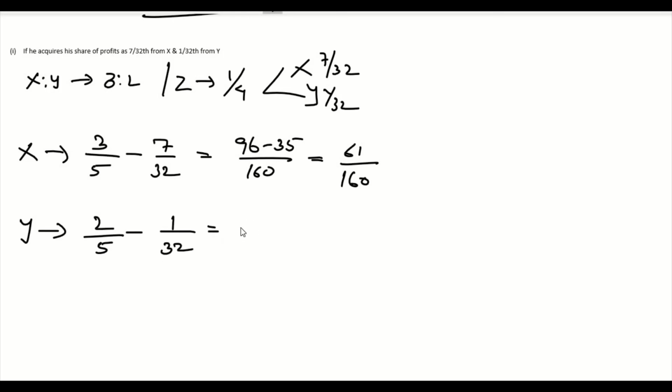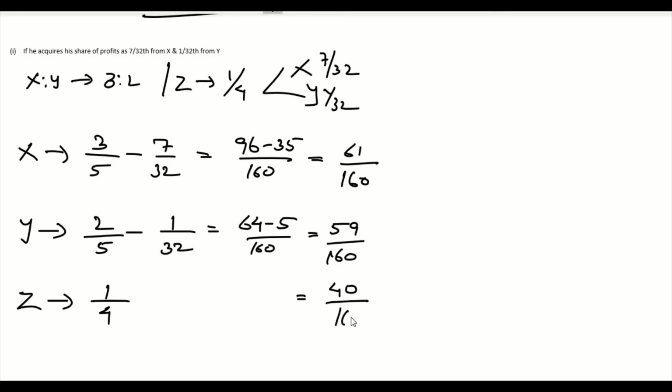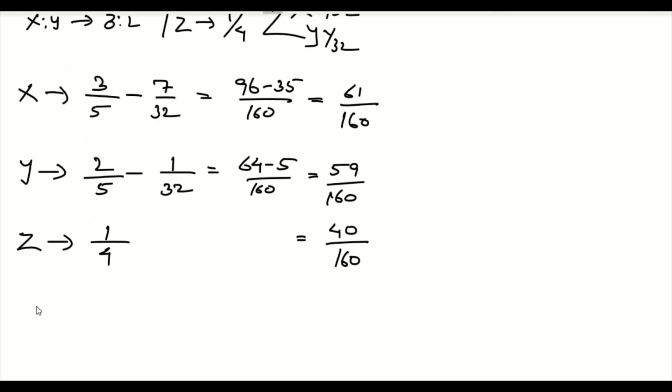That's equal to 64 minus 5/160. This is equal to 59/160. Then we have Z. His share of profit is already given in the question, 1/4. If you want to get the same denominator, it's going to be 40/160. So the new profit sharing ratio between X, Y and Z in this scenario is going to be 61:59:40.